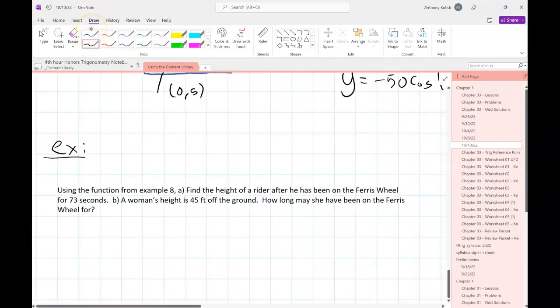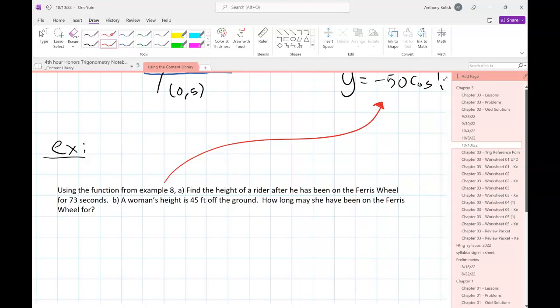So here it says, using the function from example A, we're going to take the correct answer, the answer I should have written. It says, find the height of the rider after he has been on the Ferris wheel for 73 seconds.